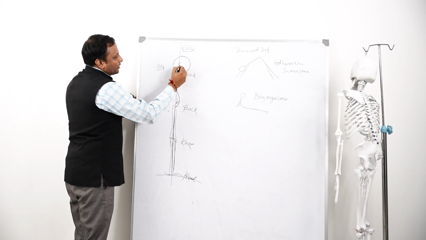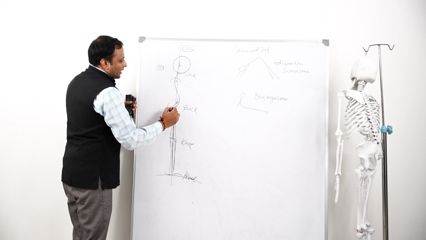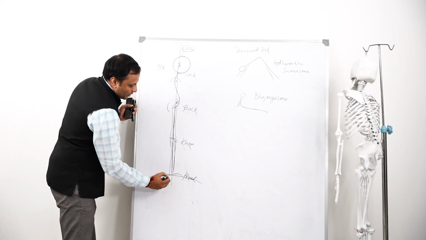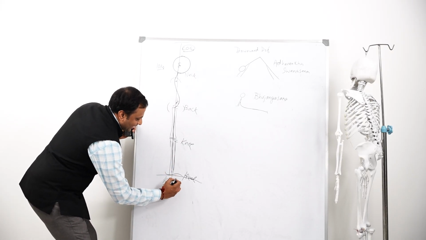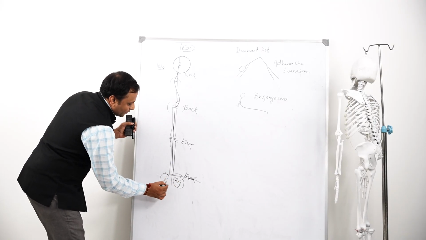halves, it passes through the external auditory meatus, your acromion process, your anterior superior iliac spine, the knee, and the ankle.